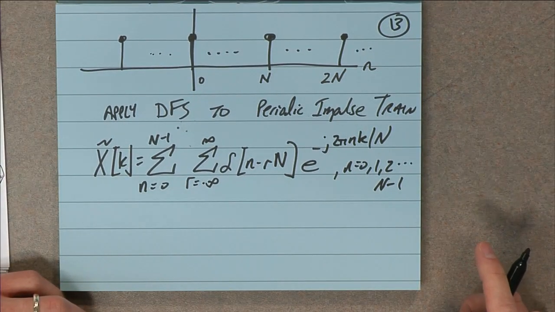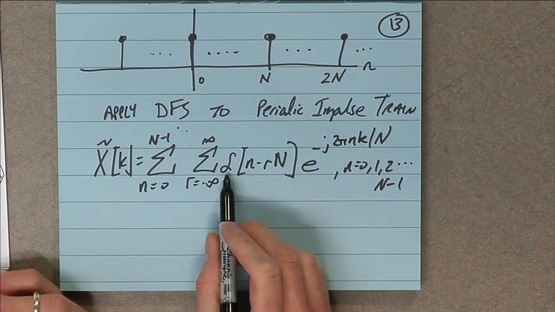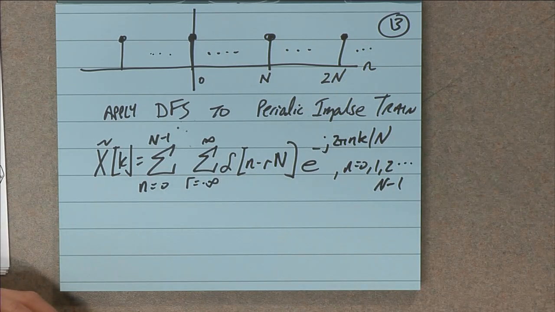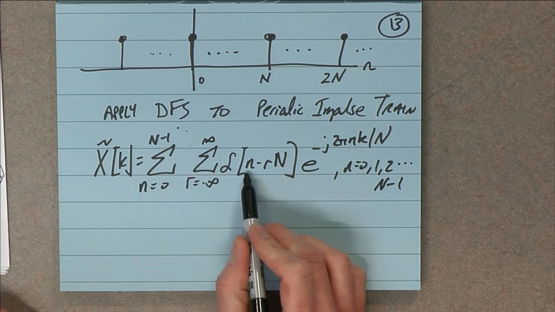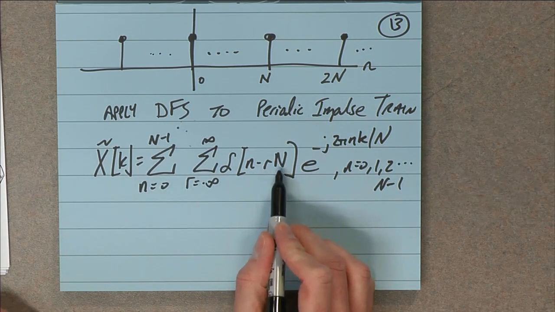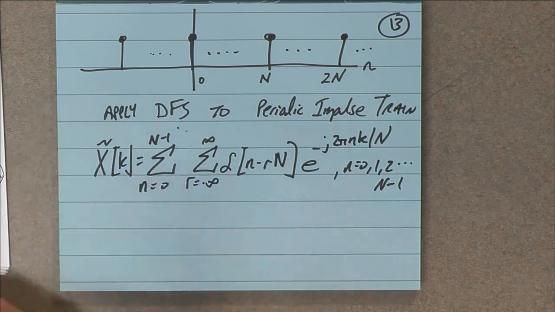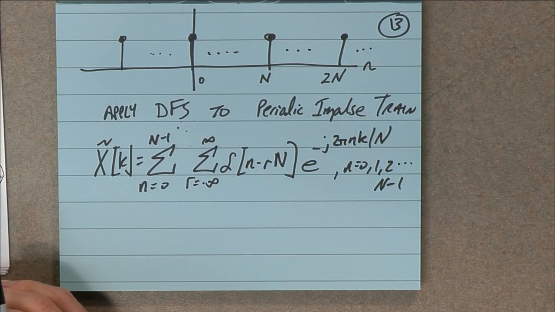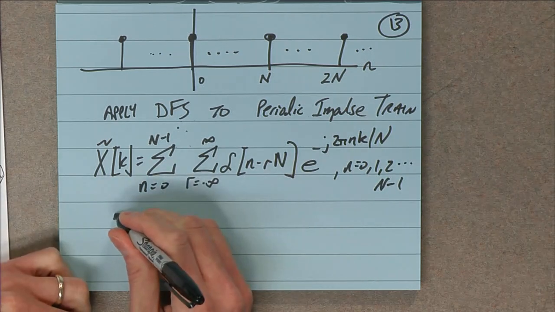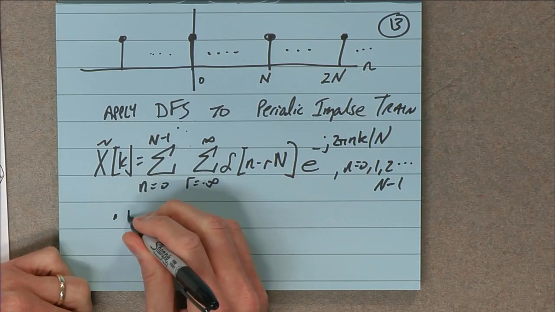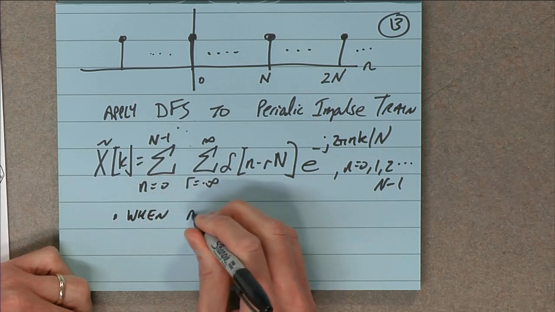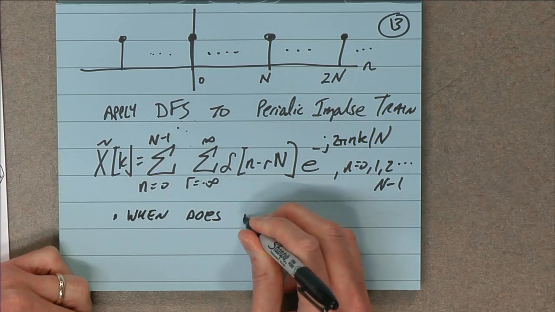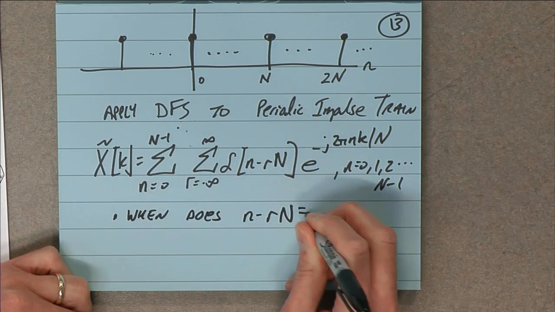So the first order of business is, with a unit impulse in here, the good news is a lot of things are going to be 0, unless there's something very special about this argument, right? So n minus Rn has to be 0, or everything else is 0. But when is that the case? So we have to ask ourselves, when does n minus Rn equal 0?